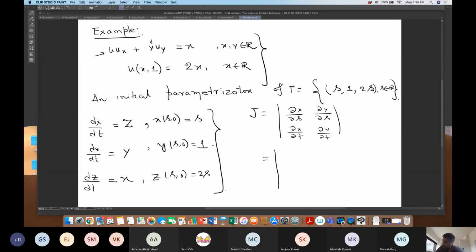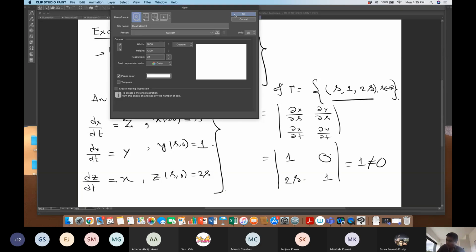What is del x by del s? 1. What is del y by del s? 0. What is del x by del t? z. And what is that at time t equal to 0? 2s. So this given curve is a non-characteristic curve.